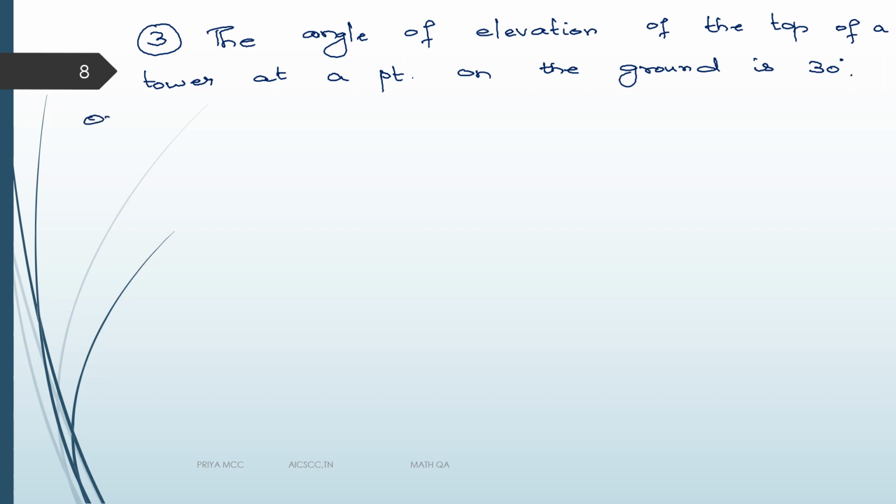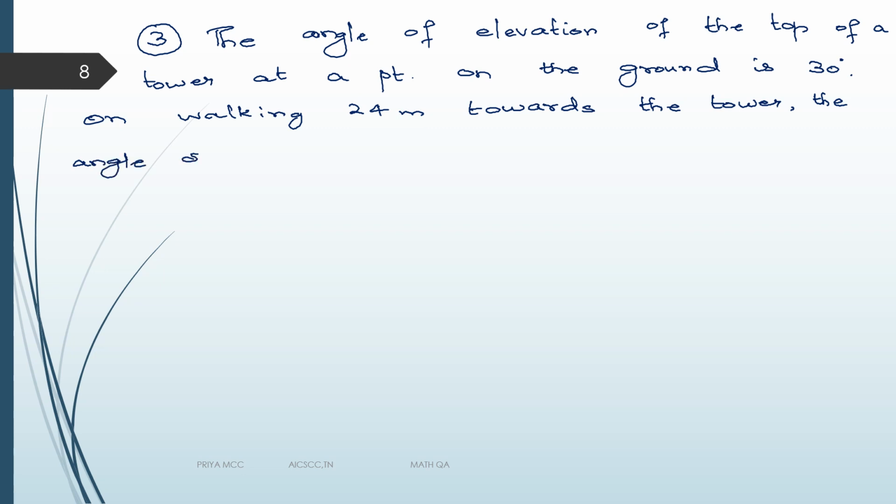On walking 24 meters towards the tower, the angle of elevation changes to 60 degrees. Find the height of the tower.